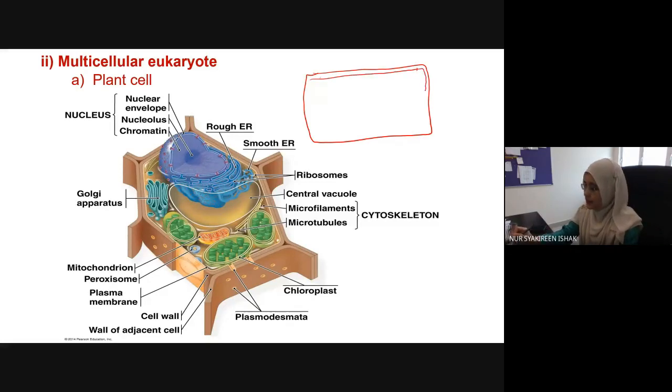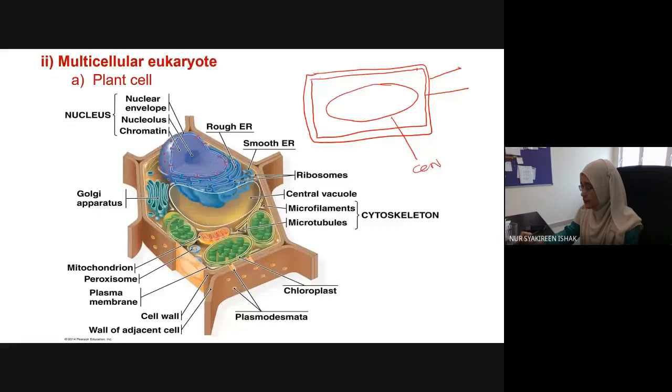And then the plasma membrane. You have to label the cell wall, plasma membrane, and within this plant cell you will have a large central vacuole. Label the central vacuole, plasma membrane, cell wall.